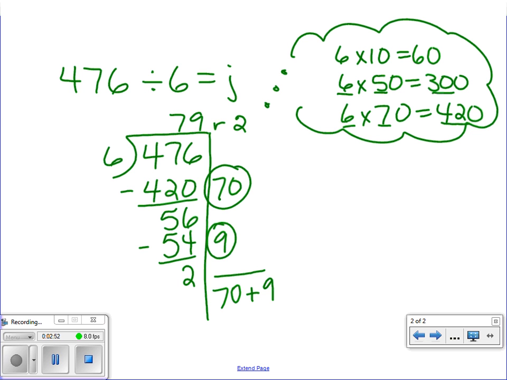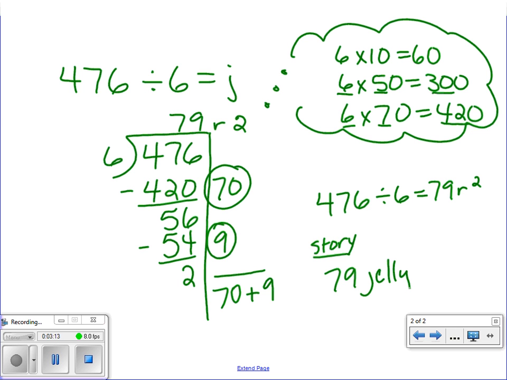So the answer to our equation of 476 divided by 6 equals 79 remainder 2. But the answer to our story would be 79 jelly beans can go in each bag, with 2 left over.